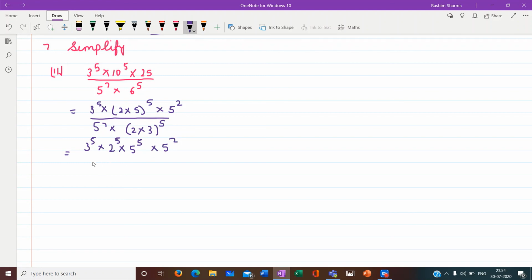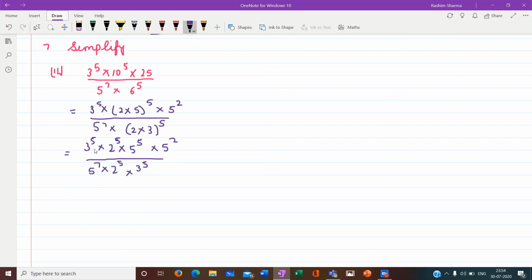Then 5 raised to power 2, and in the denominator we get 5 raised to power 7. Same way here, 2 and 3 both have the common power 5. We can write it as 2 raised to power 5 and 3 raised to power 5.